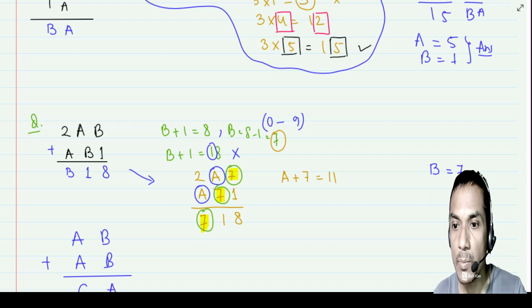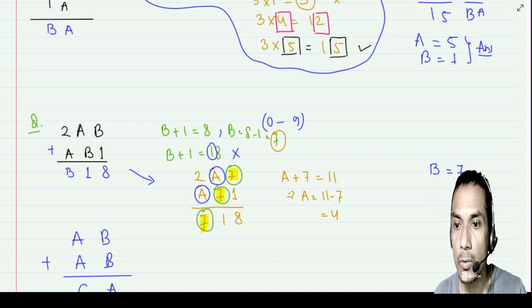Because 7 plus 1 is 8, there is no carry forward. Remember, if there was a carry forward, then you would have to add A plus 7 plus 1 is equal to 11. But here, since from the previous there is no carry forward, simply A plus 7 is equal to 11. Why consider 11 in place of 1? Because 7 plus A, even if we add 0, it is not possible to get 1. So we can write A is equal to 11 minus 7, so that is 4.